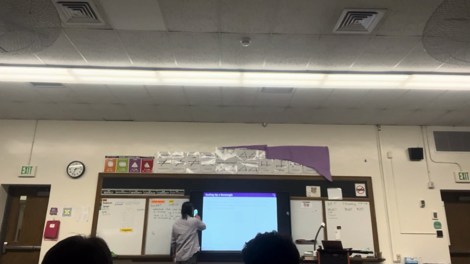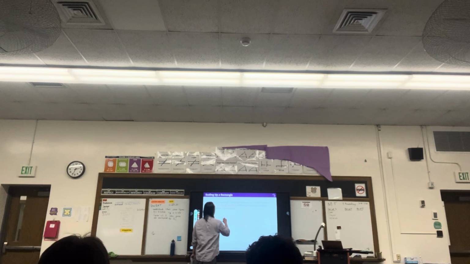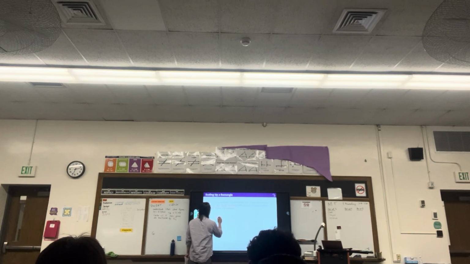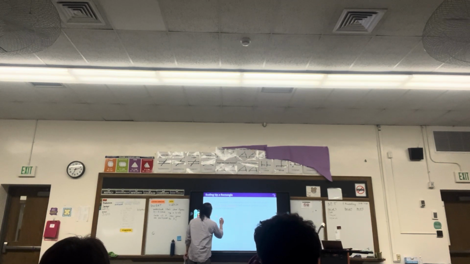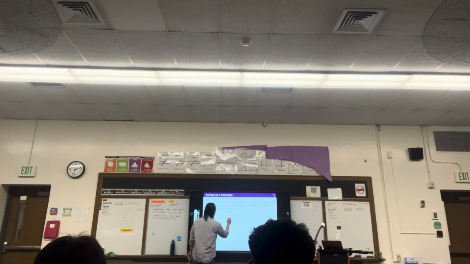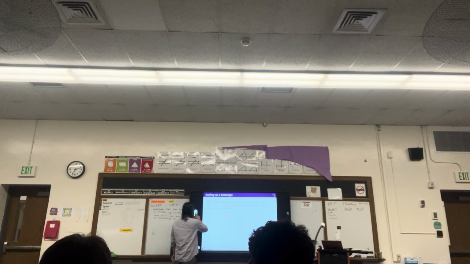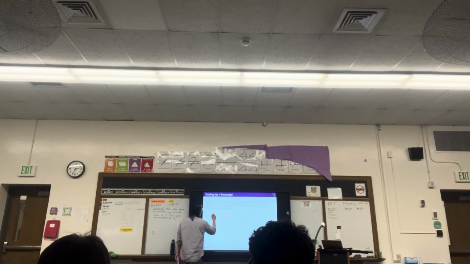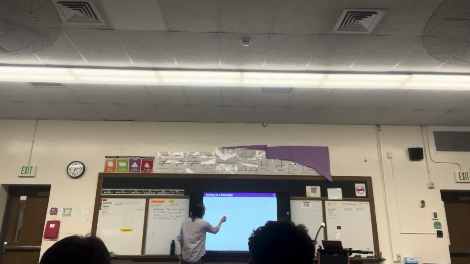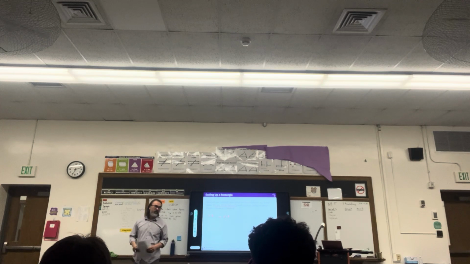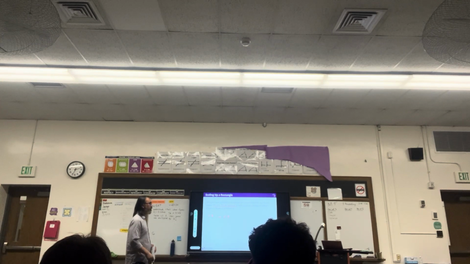But do you think we can use method 3? Yeah. Which was area of the dilated figure equals k squared times A.